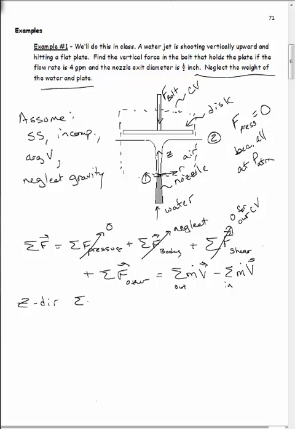Sum of Fz equals, the way I drew this, minus F bolt, and that is going to equal our m dot Vz out minus our m dot Vz in.